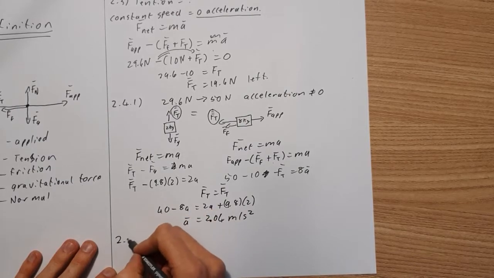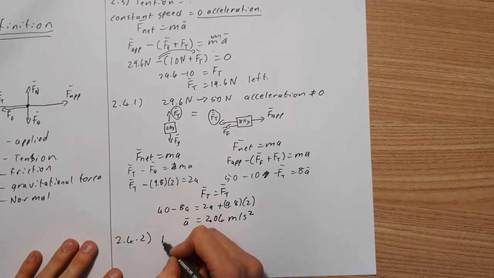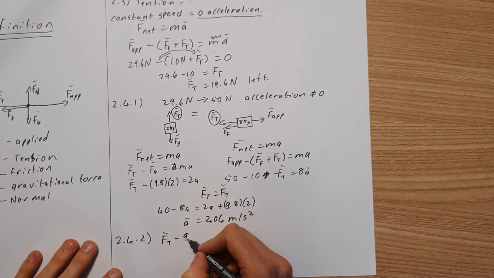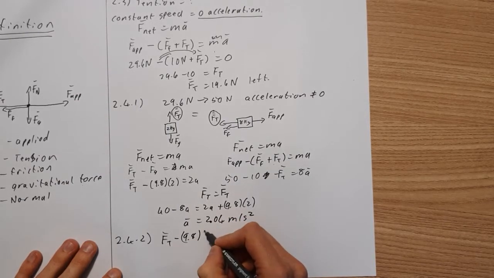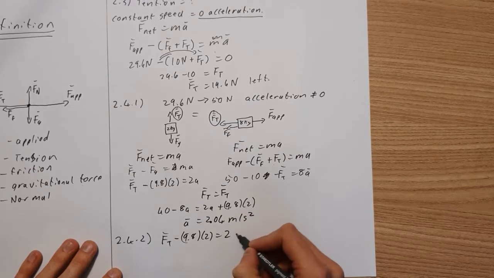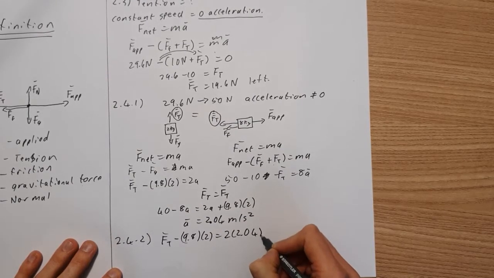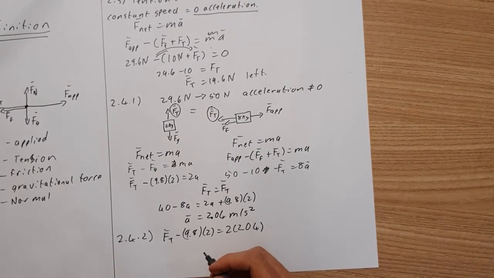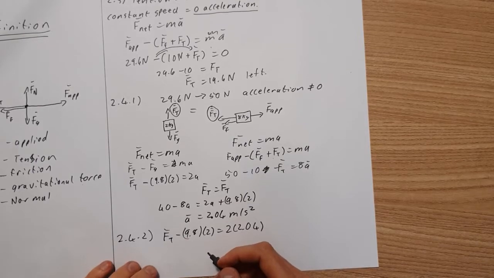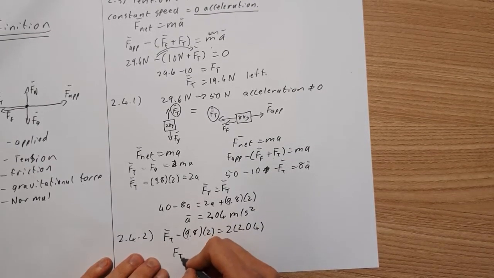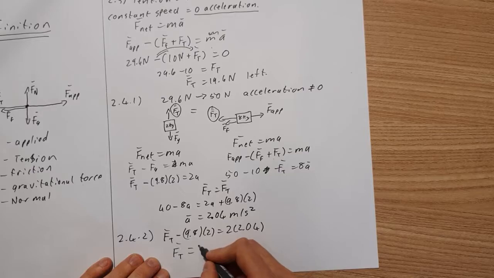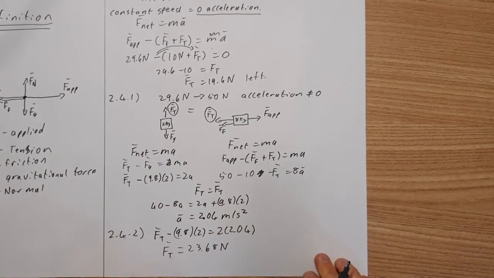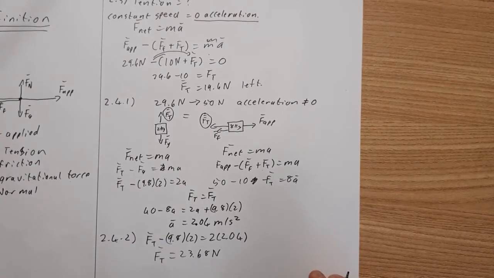For 2.4.2, we're going to have Ft minus 9.8 times 2 equals 2 times 2.04. If you plug this into your calculator and sort out all the algebra, you should get an answer of your tension force equaling 23.68 newtons. Okay, and that's how we go about doing this question.